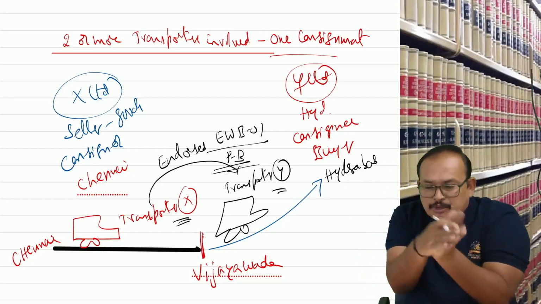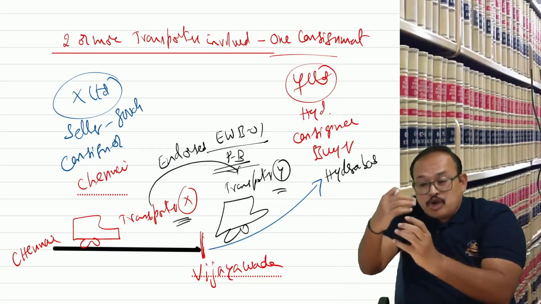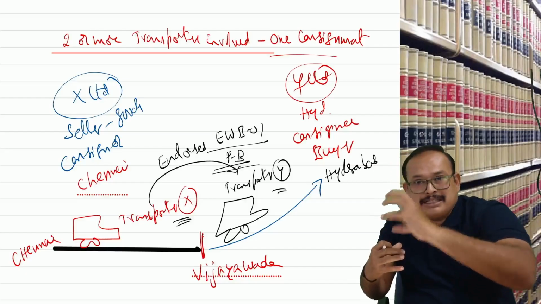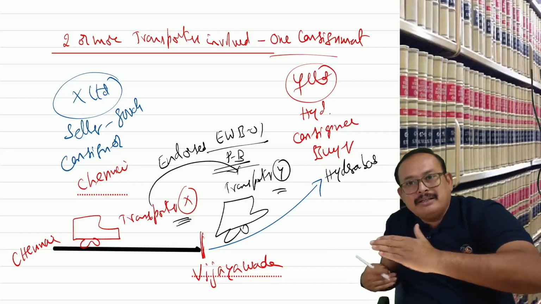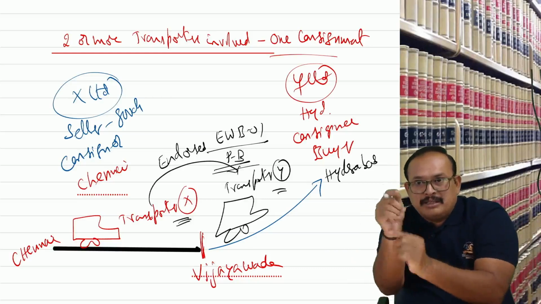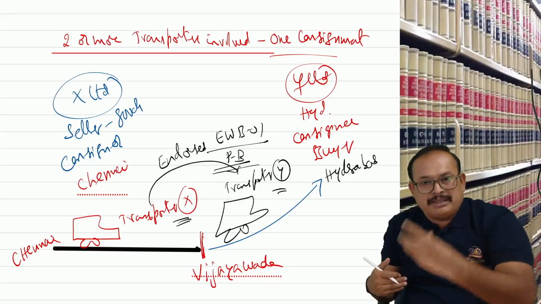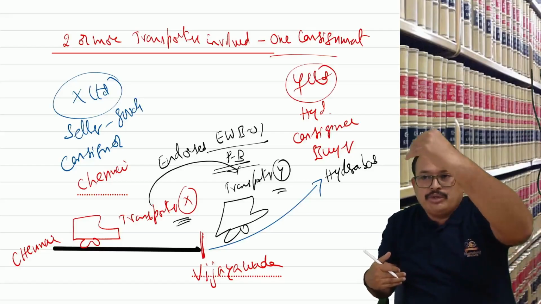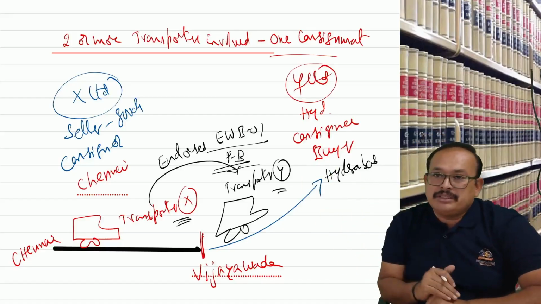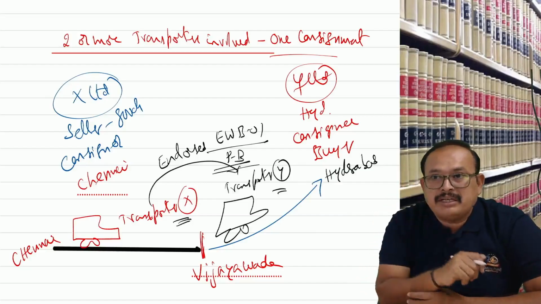That same e-way bill should be handed over to transporter Y. Transporter Y will append to transporter X's details. There is an add button: one more transporter, click, and enter the new data. So transporter Y's name and vehicle number are entered for the move from Vijayawada to Hyderabad. The goods reach the destination with the same one e-way bill only, EWB 01. Is that clear, my dear friends?